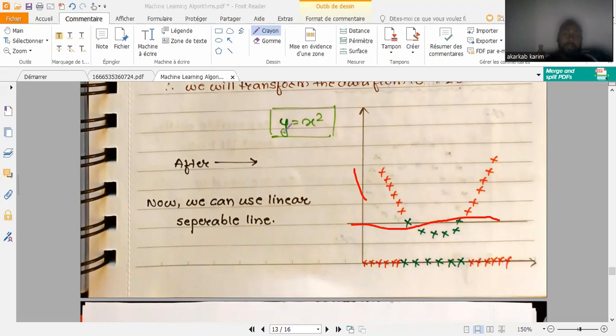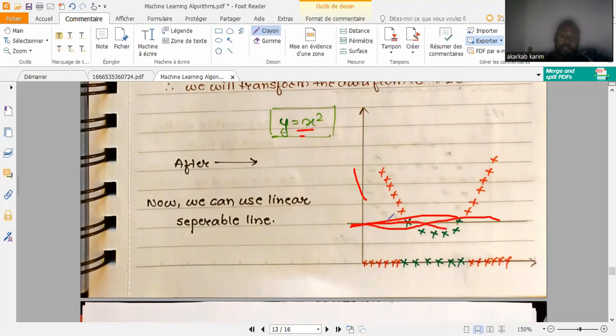Simply, we are making this transformation, y equal to x squared.